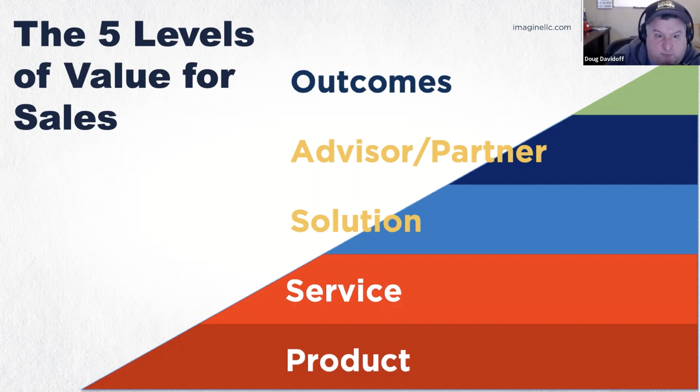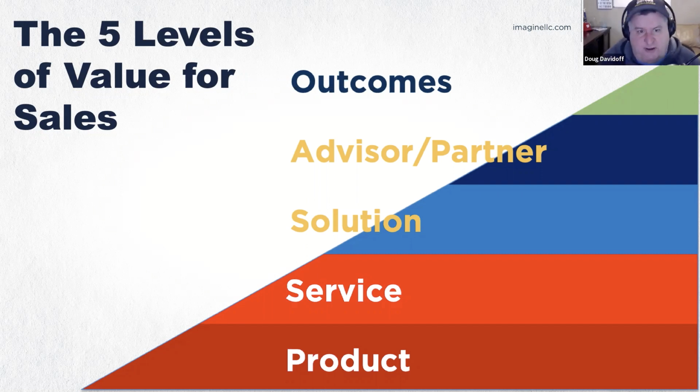Products are fungible. Even if you're the only person that offers that product, there are other options that are out there. It is the lowest level of value. And it is certainly where you, the vendor, the partner, whatever you want to call yourself, where you're perceived as being least needed. Now, slightly above that is talking about service.